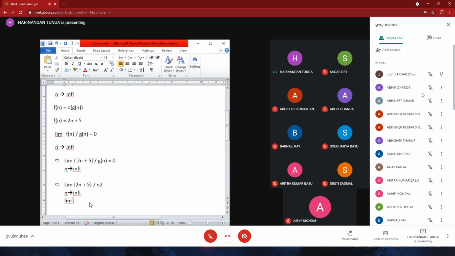Limit of 2n plus 5 divided by n square, as n tends to infinity.